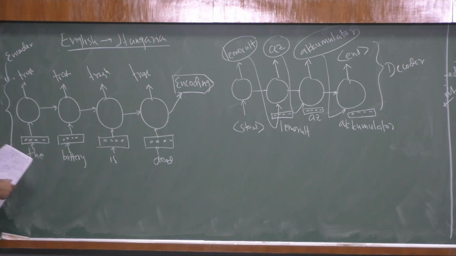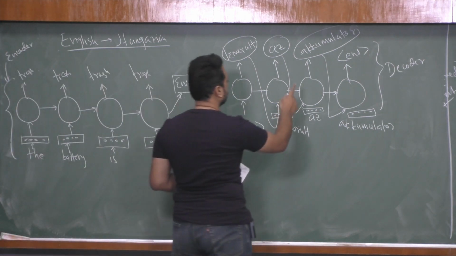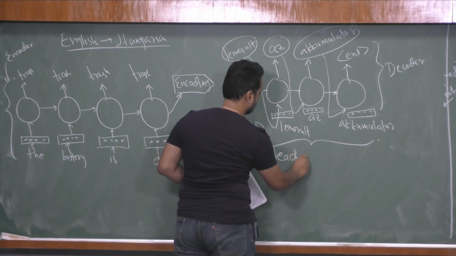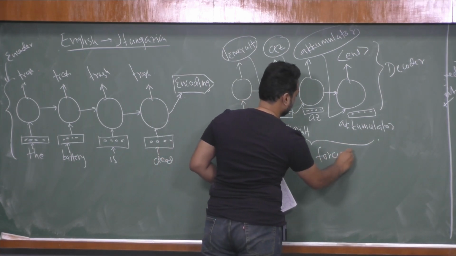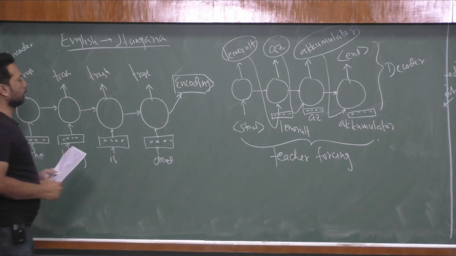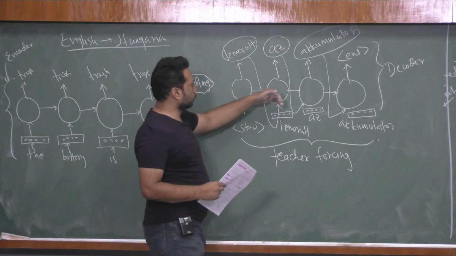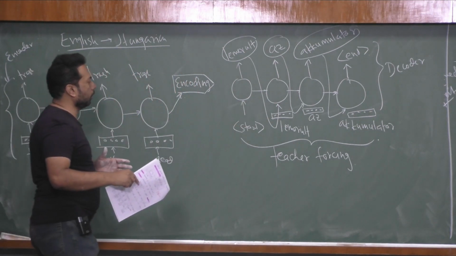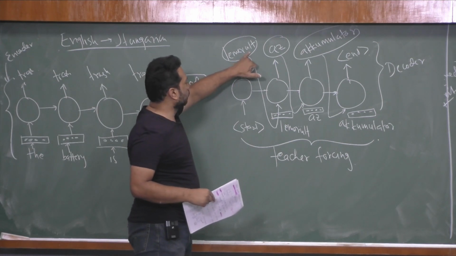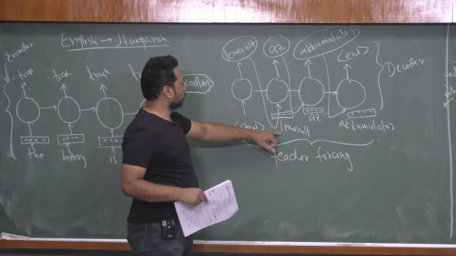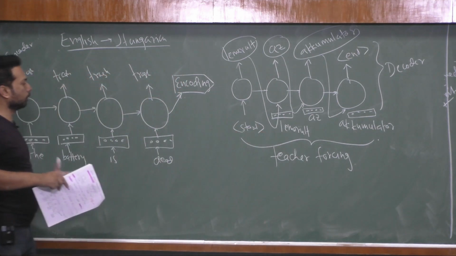Here, what we have seen before, this way of training is called teacher forcing. If you can recall, teacher forcing is a way to train a model to produce the next word in a sequence. You already have that sequence and you are training a network. If it produces an output, then we want that output to be the correct output from the sequence we have.